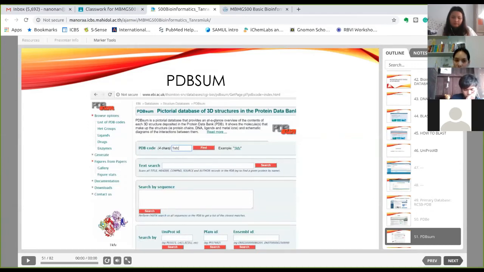PDBsum is another flavor of Protein Data Bank in Europe. It allows you to put the PDB code or put the amino acid sequence here in the box, and then it offers you a list of the structures that match that amino acid sequence.